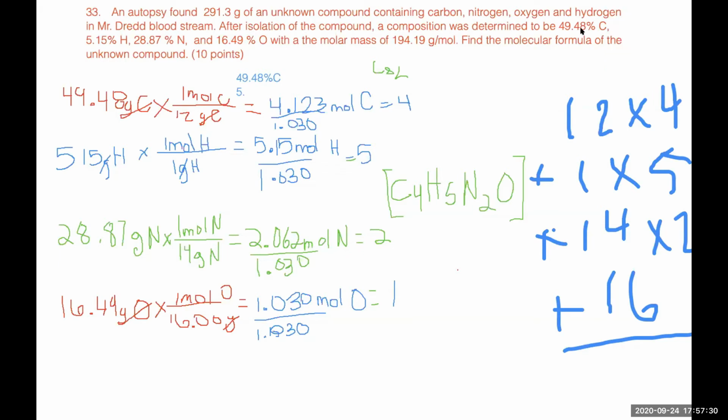Obviously 1 times 5 is 5. And then 14 times 2 is 28. And then plus 16, which gives you 97. Am I right? So 97, and then you're going to divide it by the 194.19 grams.